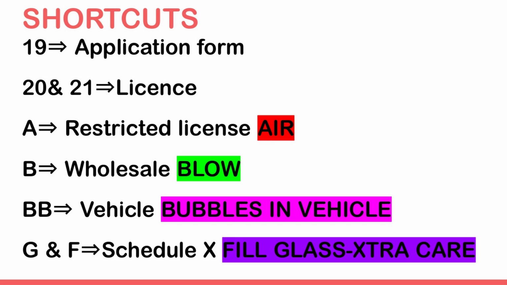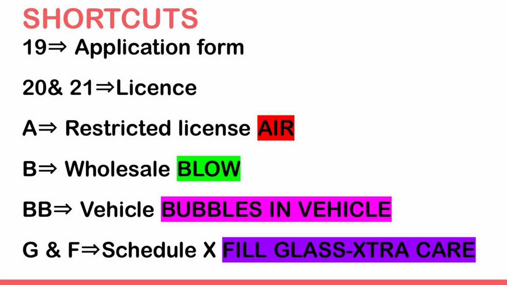As a shortcut, we can remember that form number starting with 19 is an application form. All form numbers with 19 are application forms. Similarly, all form numbers with 20 and 21 are license forms.